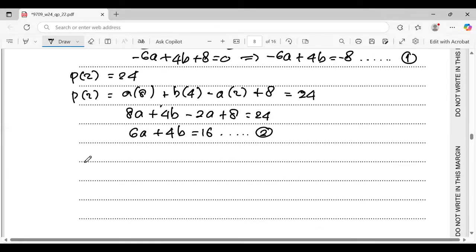We are going to find a and b from the first equation and the second equation.